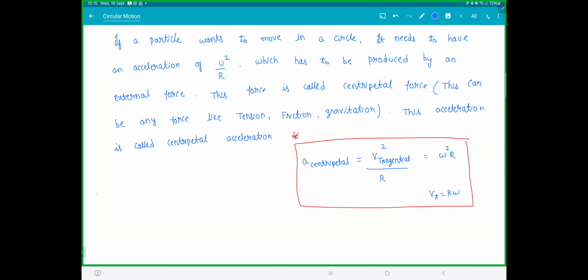So for example, when this Earth was going around the sun, the one who is making you go in a circle is gravitation.